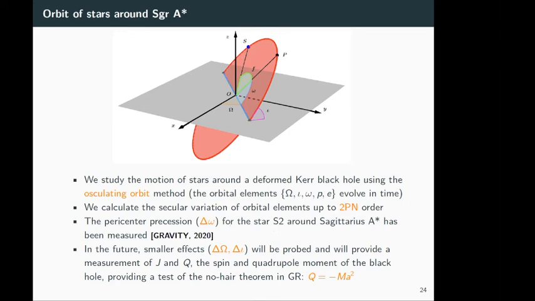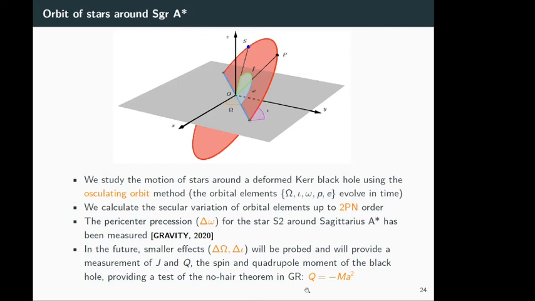And in the future, when more data from more stars, notably orbiting closer to the central black hole, will be available, or from binary pulsars, for instance, if we can find some pulsar that has some nice properties near the black hole, we'll be able to measure the angular momentum and quadrupole moments of Sagittarius A star through the measurement of secular variations of this nodal angle and inclination angle. So basically in the future, we'll be able to measure the spin and quadrupole of Sagittarius A star, and this will allow us to test many models of modified gravity.